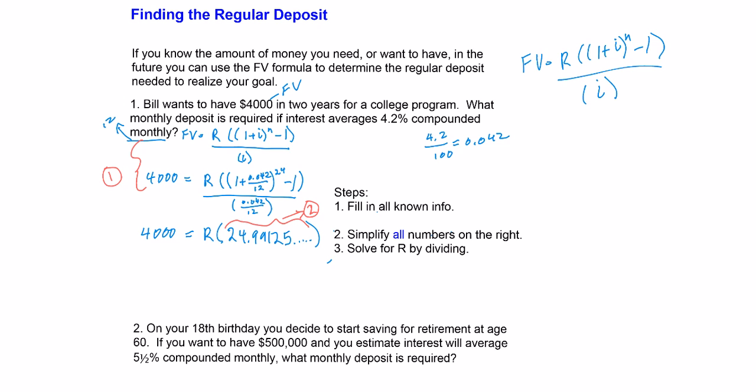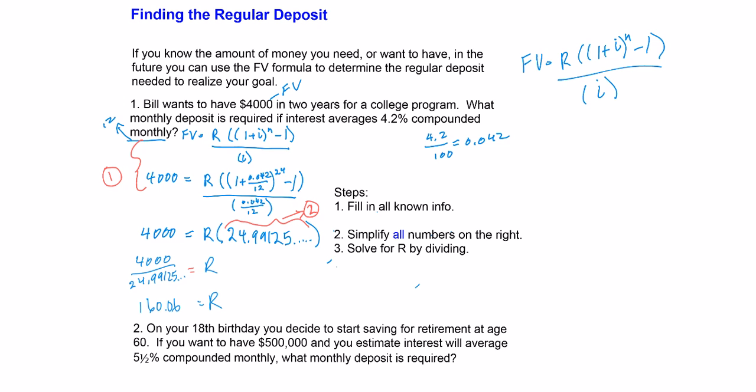So we get R is equal to 4,000 divided by 24.99125, and when we do our final calculation, R is equal to 160.06.